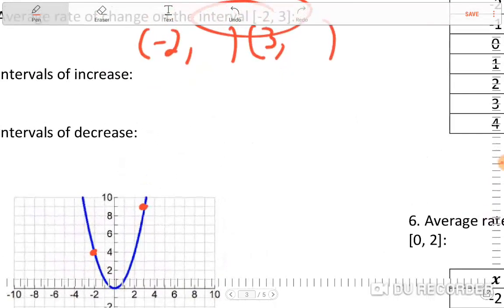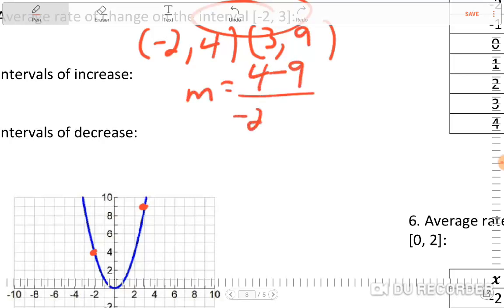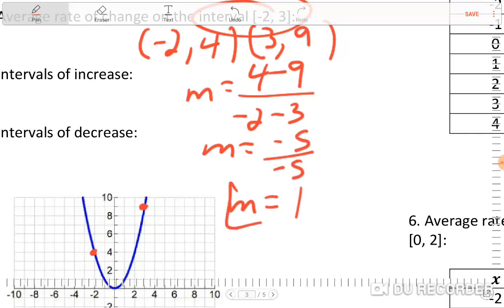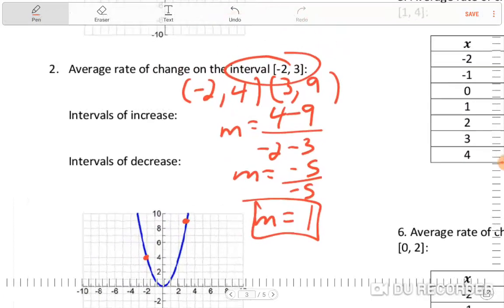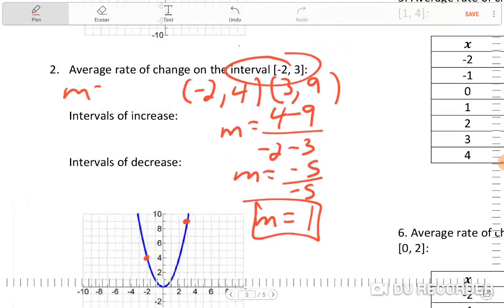So negative 2, 4, 3, 9. So the slope is 4 minus 9 over negative 2 minus 3. So we got negative 5 over negative 5, which means over this interval we have an average rate of change of 1.